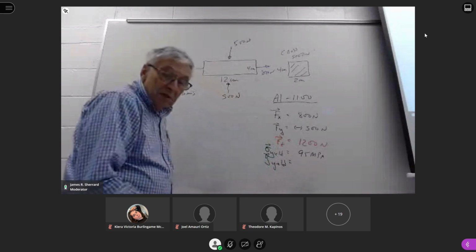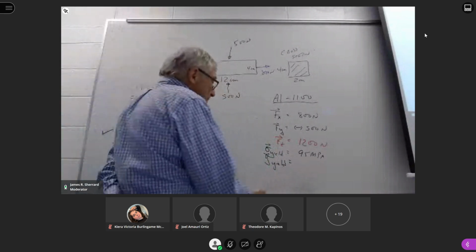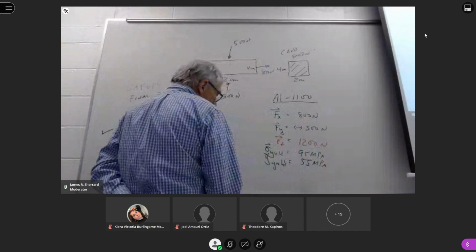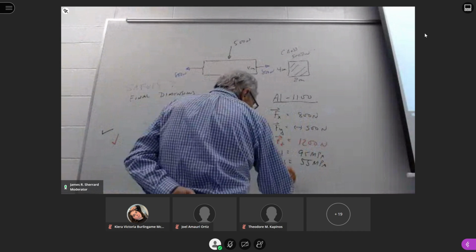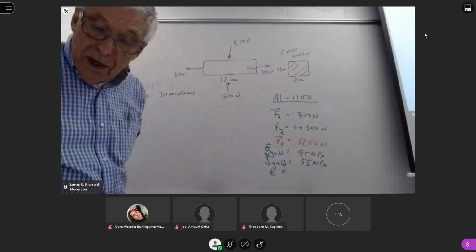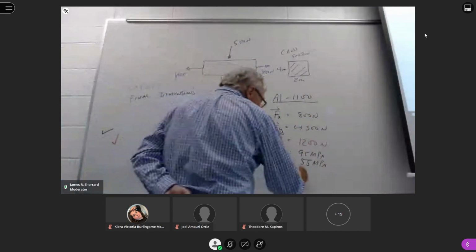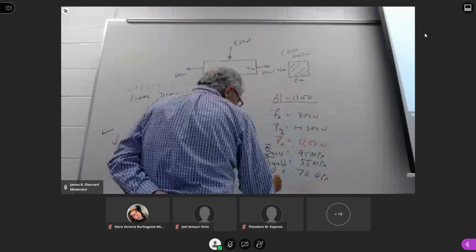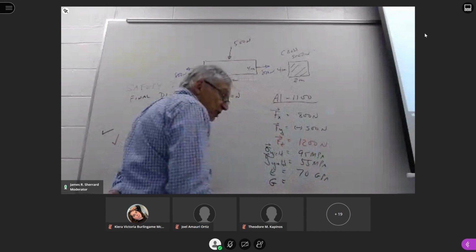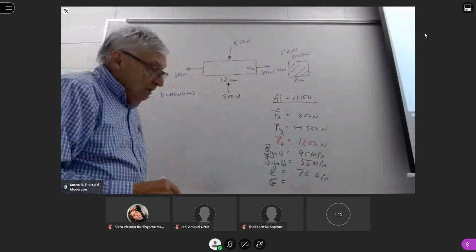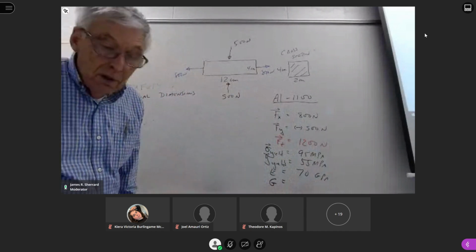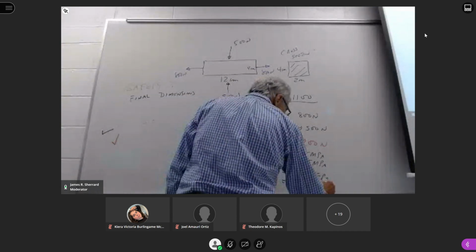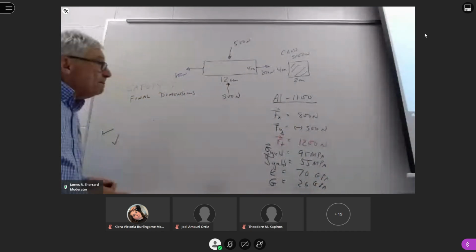I know my shear stress is 55 megapascals. I know my modulus of elasticity, which is again a physical property, is 70 megapascals. And I know my modulus of rigidity, which is again a physical property, is 26 gigapascals.